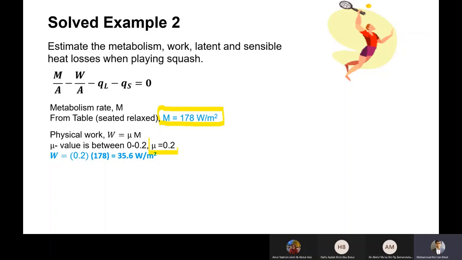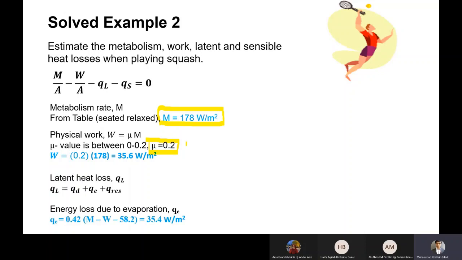I use the highest here, 0.02, so 20% of the metabolism energy is used for work, for sport. The heat loss due to evaporation is a function of M and W, so nothing special there. But you see Q_E here is high, because when you do this kind of sport, you sweat a lot.